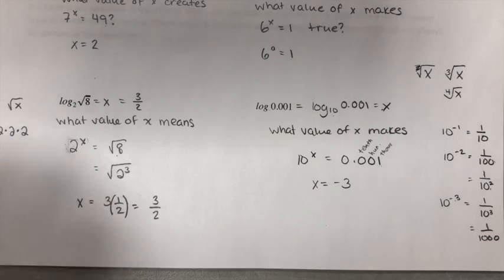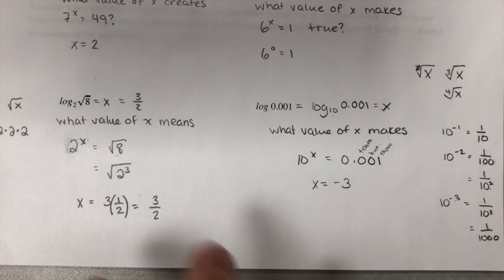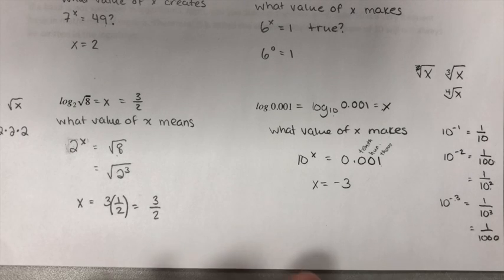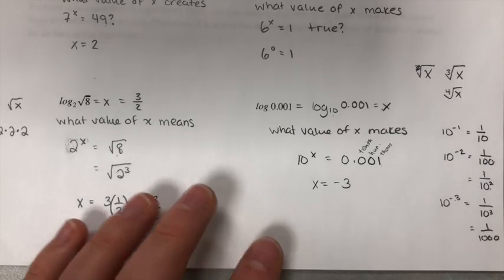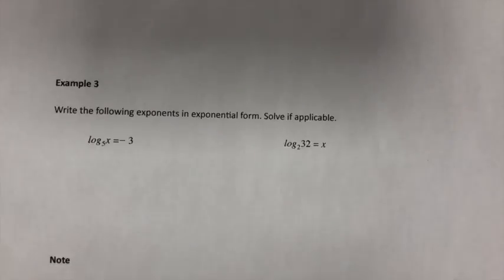But I wanted to talk about what these actually mean, some of the strategies behind it, just so you have a better understanding of what your calculator is doing when you punch these things in. Okay, so since my calculator can't really show you, I don't want to show you in the video, but I will show you in class.